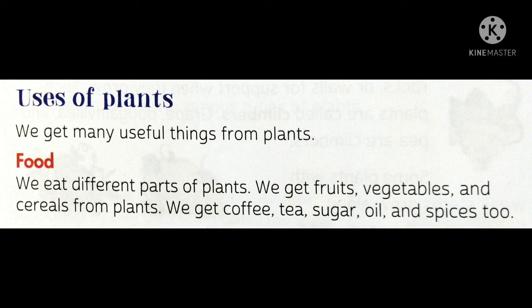So these are the different things we get from plants. Whatever fruits we are eating, whatever vegetables we are eating, we get all of them from plants only. Whatever cereals, pulses, rice, dal, we are getting from plants. Even coffee, tea, sugar, oil, different spices, all of them we get from plants only.